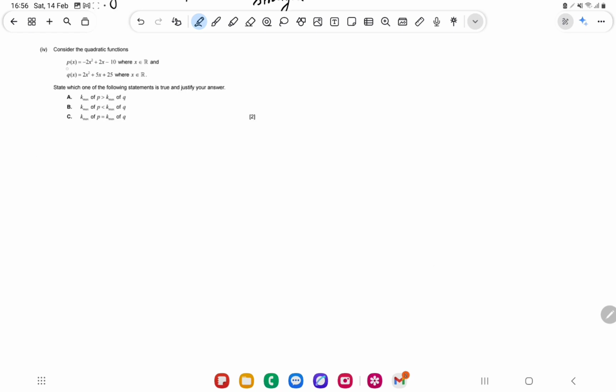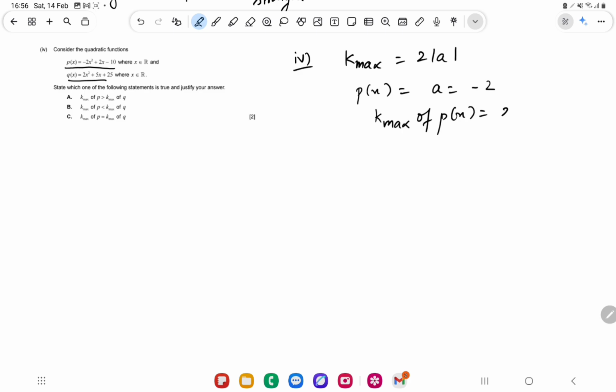Now in this we are given two quadratic functions, p(x) and q(x). We have to state which one of the following is true for k max. In the earlier part we got k max as 2 modulus a for my k(x) function. For p(x), a is the coefficient of x square, which is minus 2, so k max of p(x) will be 2 modulus minus 2, which is 4.